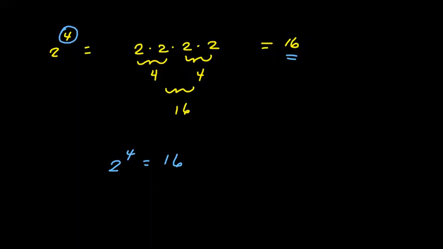Okay, and it doesn't matter if it's a fraction. Let's take a look at another example. Let's say I have 1/3, and this is raised to the 3rd power. This is equal to 1/3 multiplied by 1/3 multiplied by 1/3, until I see 3 1/3's. 1, 2, 3.